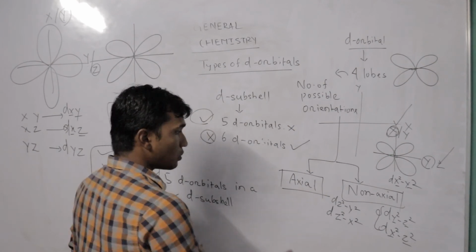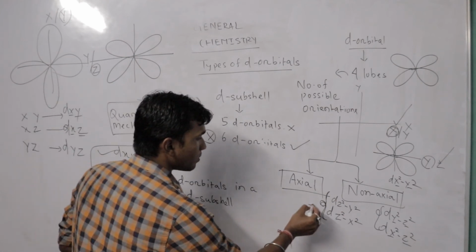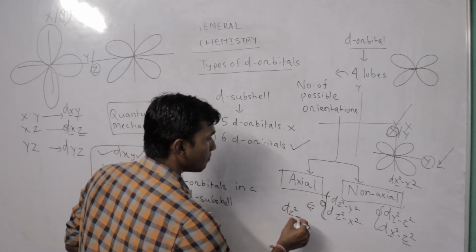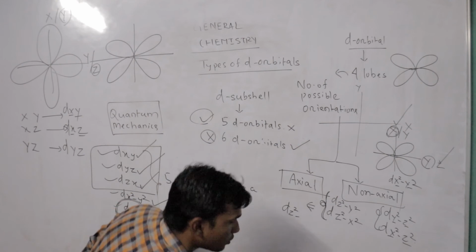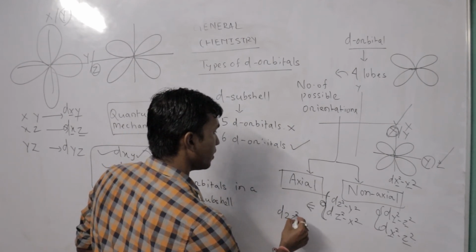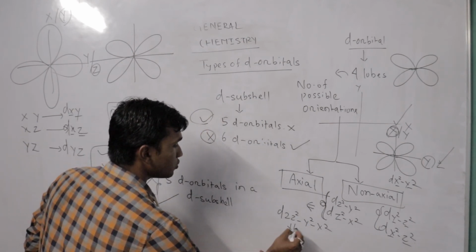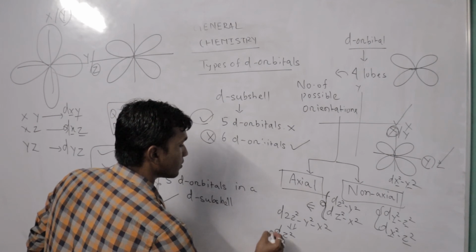Combining these two, you get d2z square minus y square minus x square. In short form, it is known as dz square.